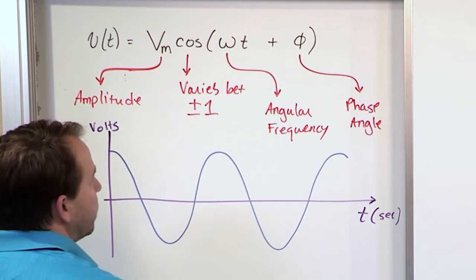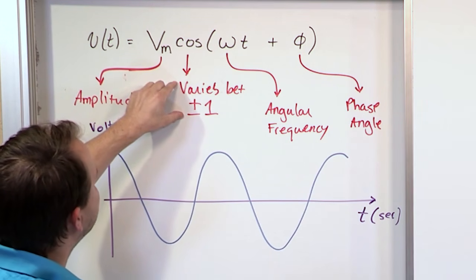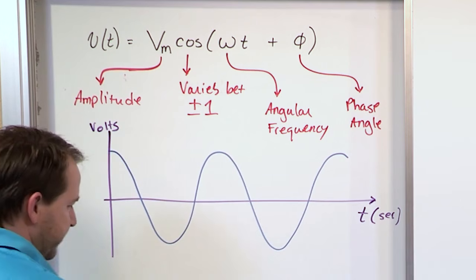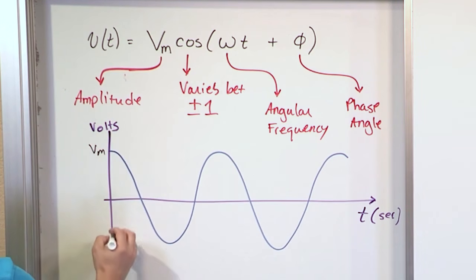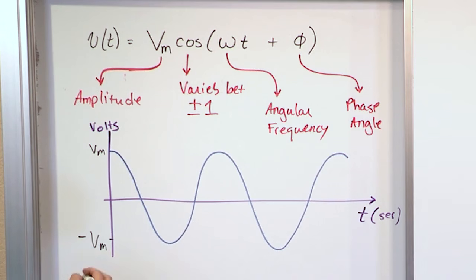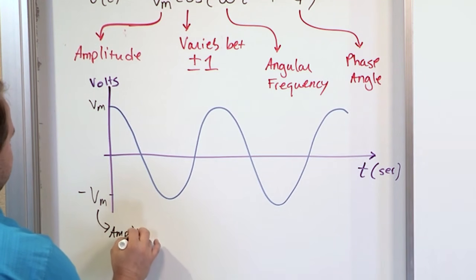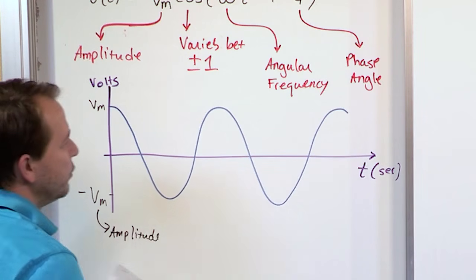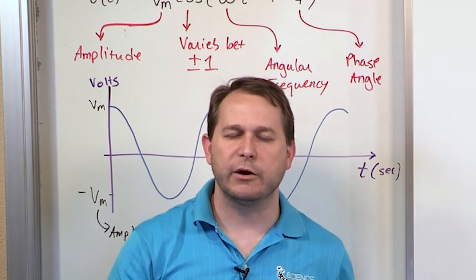Now, when we're looking at just the raw cosine function, we said it varies between plus or minus 1, but we have a coefficient out in front of it. So that means this varies between Vm and, over here, minus Vm. So positive and negative Vm. This is called the amplitude. When you think of the word amplitude, it means the strength of something or the height of something.